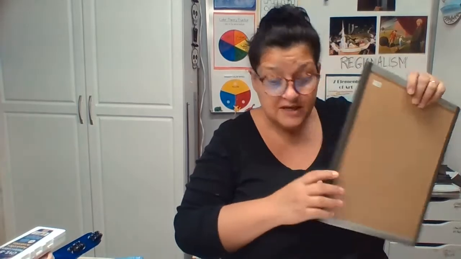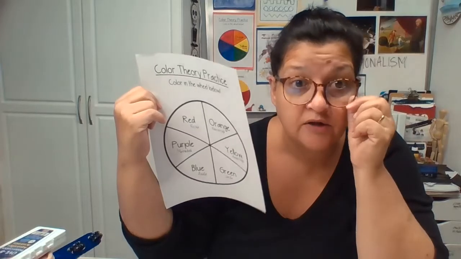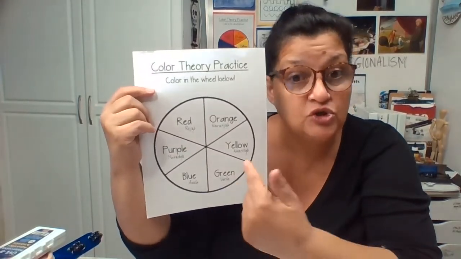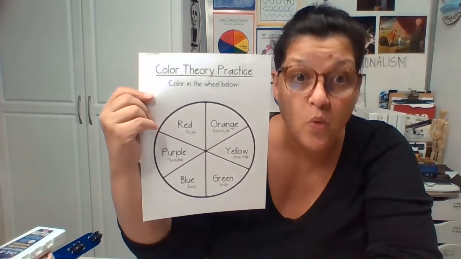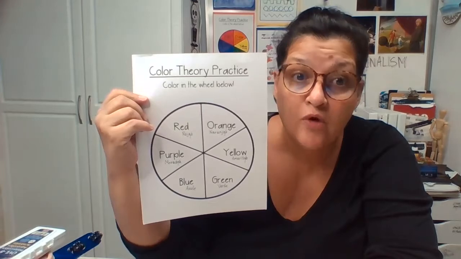Let's start with our first element that we're going to work with. And that is going to be our color wheel. Now I've listed all the colors in English and in Spanish, so you will understand where to put which colors. Red, roja or rojo.